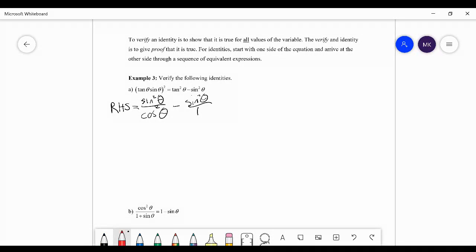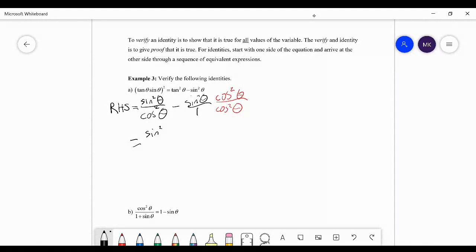Now, to be able to combine these fractions, I'm going to multiply the term on the right by cosine squared theta over cosine squared theta. Okay. And once I do that, the denominators are both cosine squared, so I end up with sine squared theta minus sine squared theta cosine squared theta all over cosine squared theta.